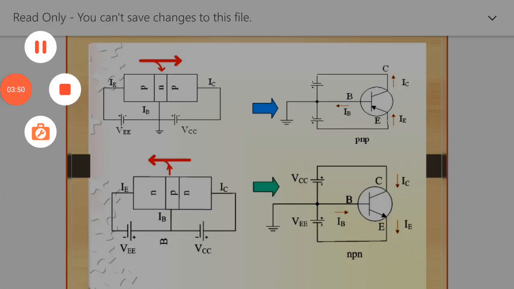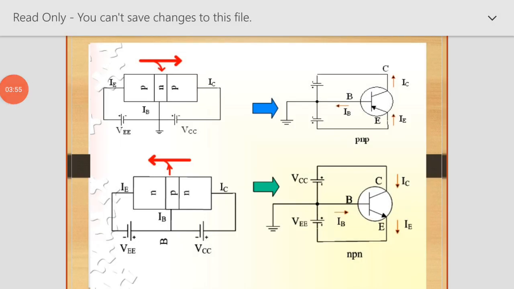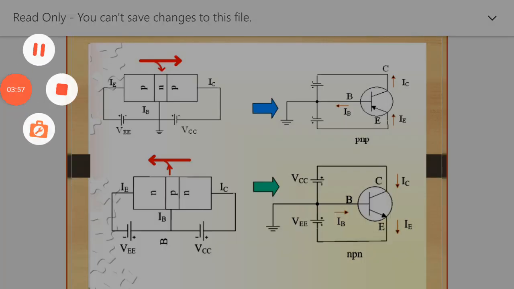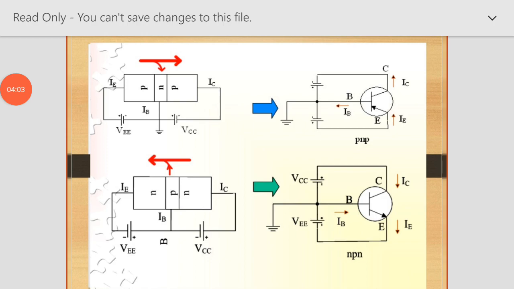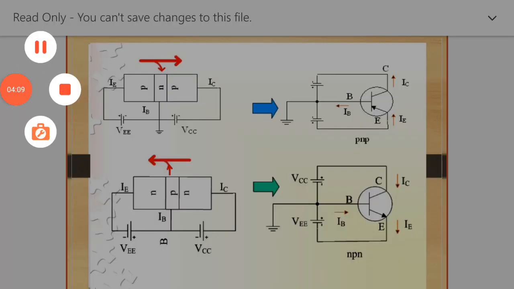The input current has the input voltage, that is the emitter voltage, which is forward bias in the NPN type transistor. So the base terminal has a positive voltage and the emitter terminal has a negative voltage.